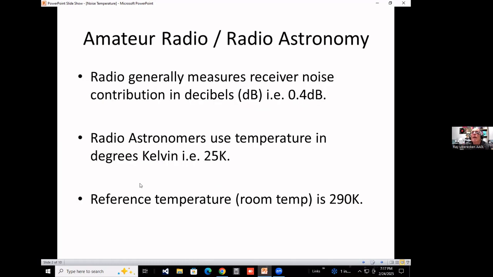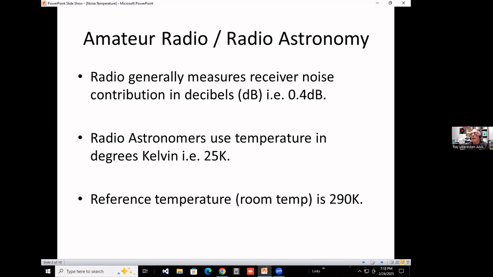Now, the first one we'll talk about is that amateur radio and radio astronomy use different measures for basically the same thing. Amateur radio generally measures receiver noise contribution in decibels. And the typical one for our little uncooled preamps that we build is about 0.4 dB.